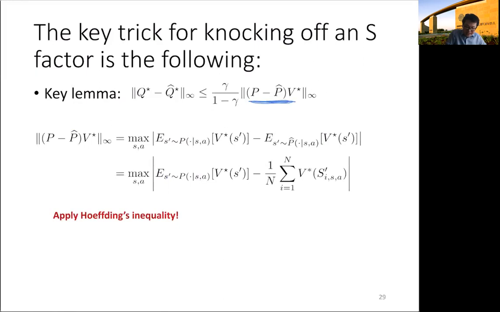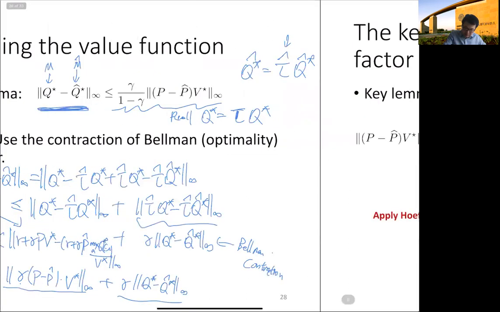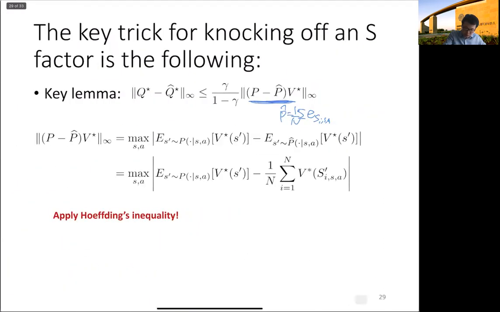So again, P hat, if you still remember, is equal to this indicator vector of S_i. Here the infinity norm is over (s, a), so let me exclude this (s, a) because we're working pointwise.